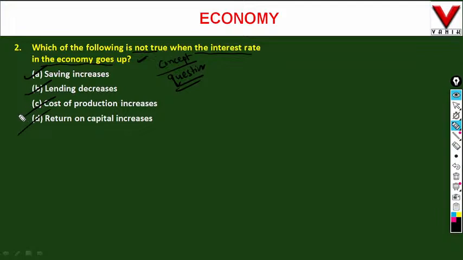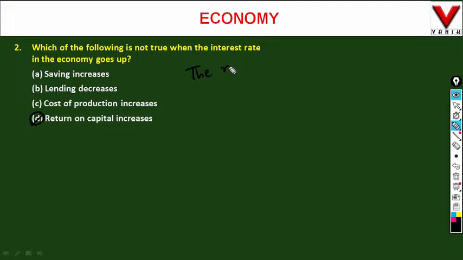What will be the answer? The answer will be none other than return on capital increases. Write some notes.